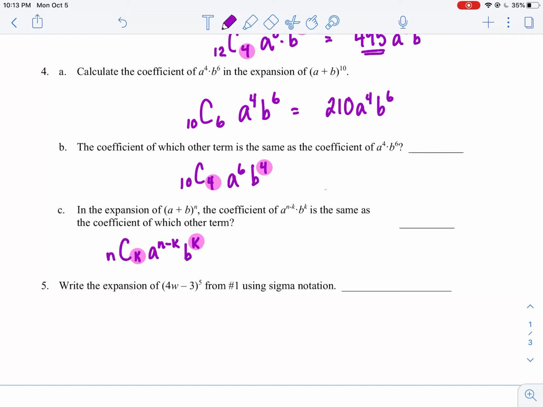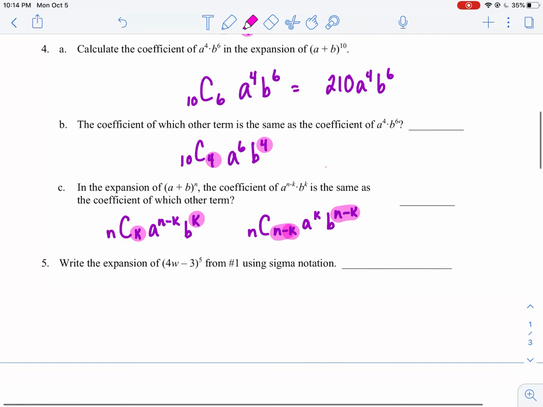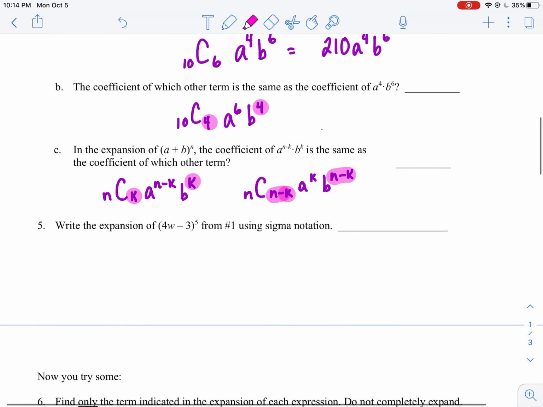But it would also turn out that this would be the same as n choose n minus k if a had been to the k and then b was to the n minus k, right? So those then would have matched up. They actually would have been the same thing. I'd get the same number. So, all right, just a little clever trick there.